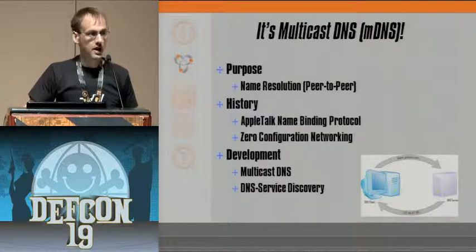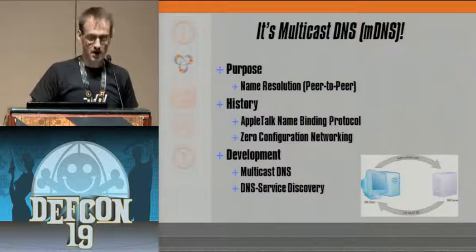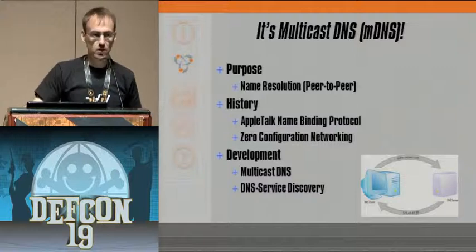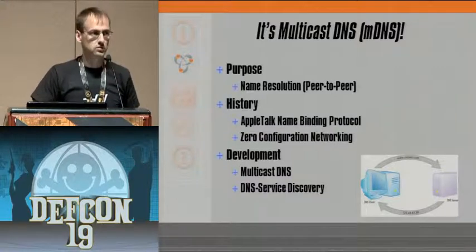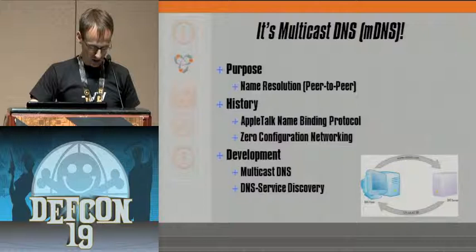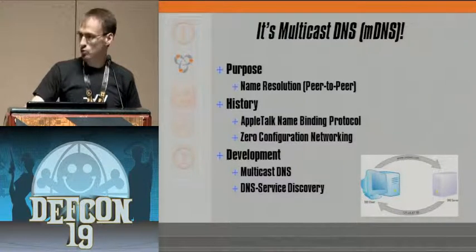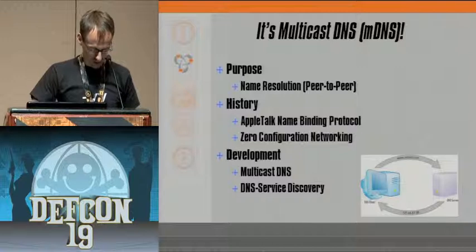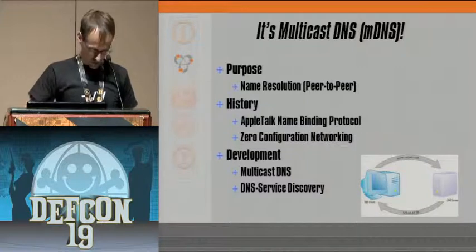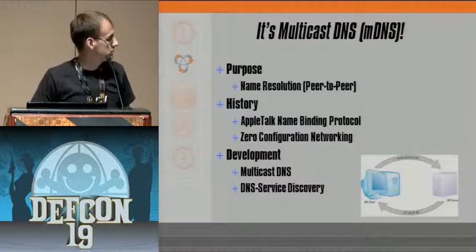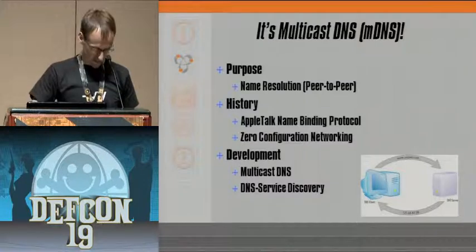It is multicast, or it was multicast DNS. And the purpose of multicast DNS is peer-to-peer name resolution. It does have a history. Multicast DNS is the successor to AppleTalk Name Binding Protocol, and it was eventually added to Apple's zero configuration networking initiative.